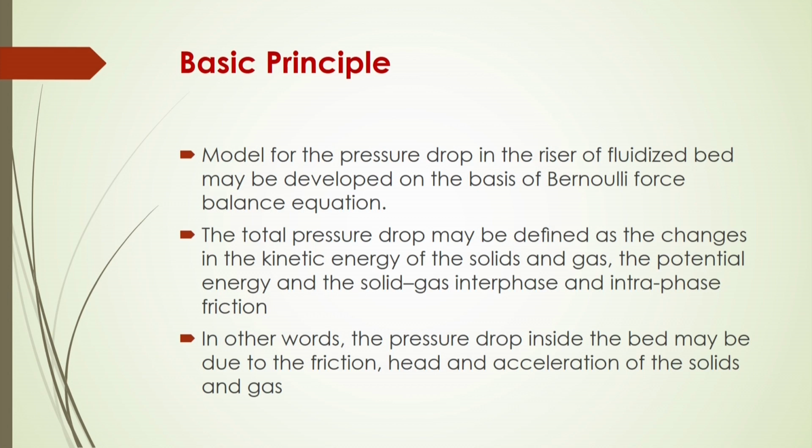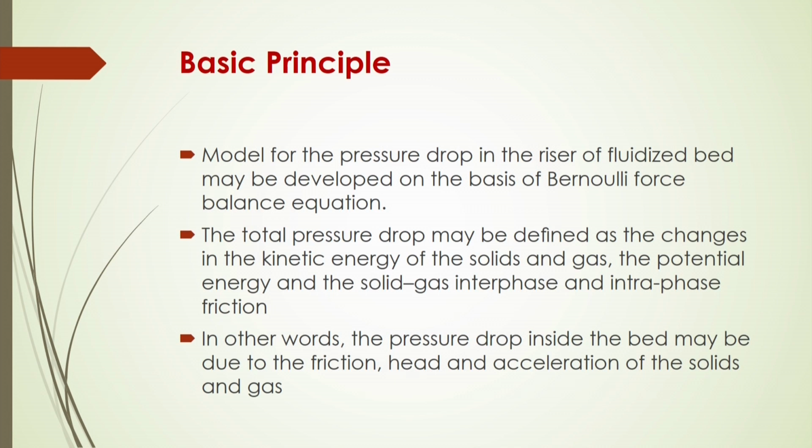One is the kinetic energy of the solids and gas, another is the potential energy, and another is the friction between solid and gas, or the solid and fluid interface, and also the interaction between the particles. Because of that there will be a change of energy, and the frictional or total pressure drop will change. We will discuss later how the different contributions give the total pressure drop, and we will calculate the percentage of each contribution.